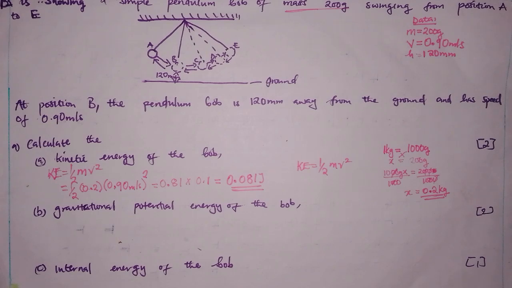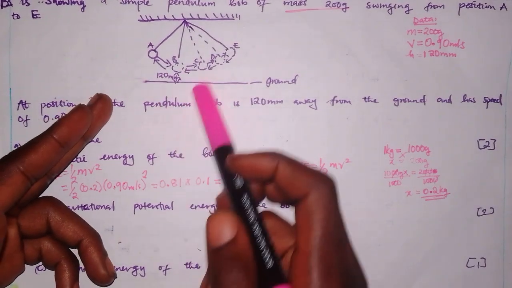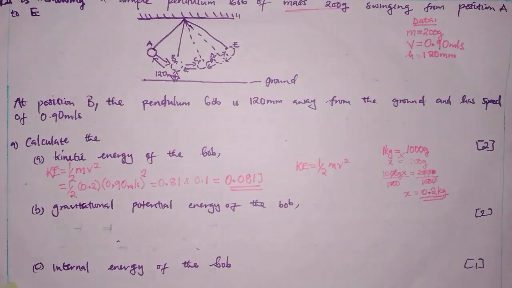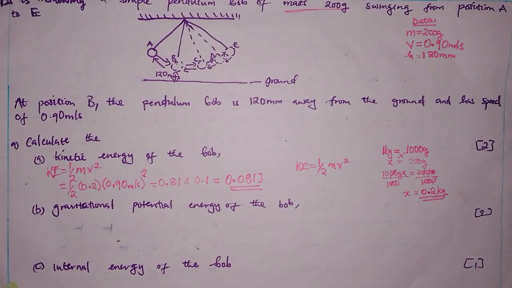Because if an object is on the ground, it does not have any height, meaning it does not have gravitational potential energy. But if the object is positioned at a certain height, for example, at 120 millimeter, it has gravitational potential energy because it has height.